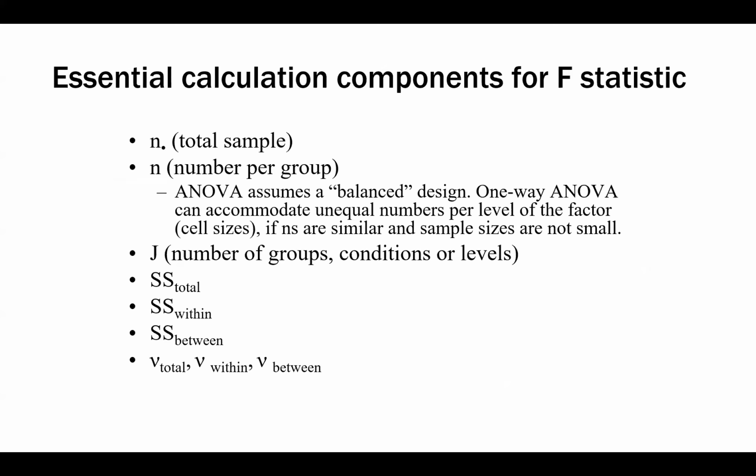One of the essential calculation components that you need is n sub dot. I'm probably the only person who uses that notation, but I use it to mean the total n in the sample. And n is the number per group. The assumption in ANOVA is a balanced design.